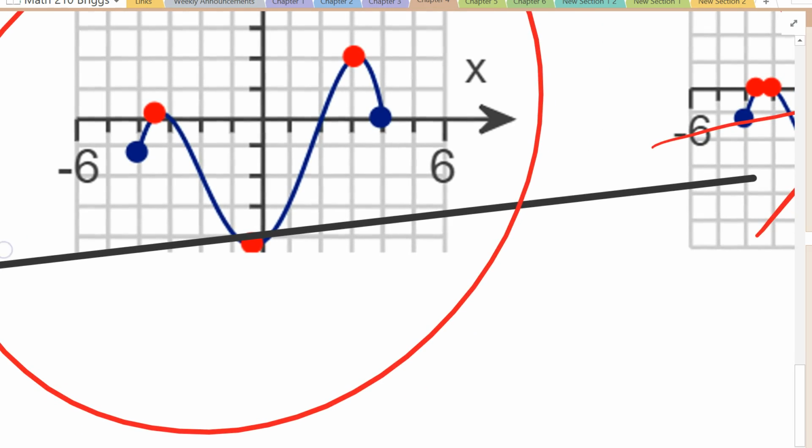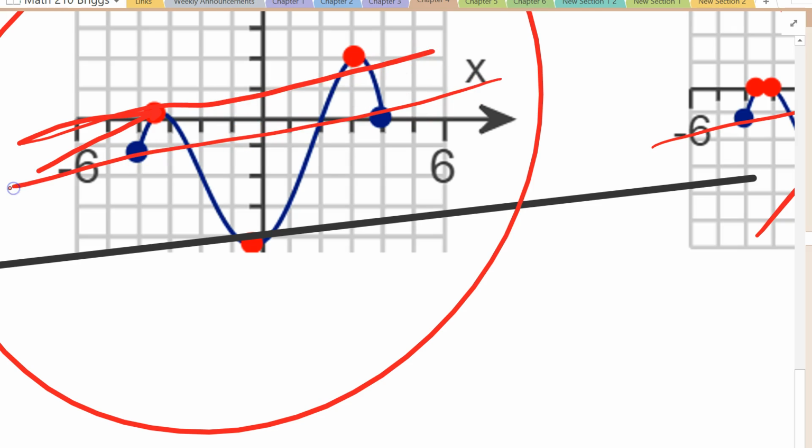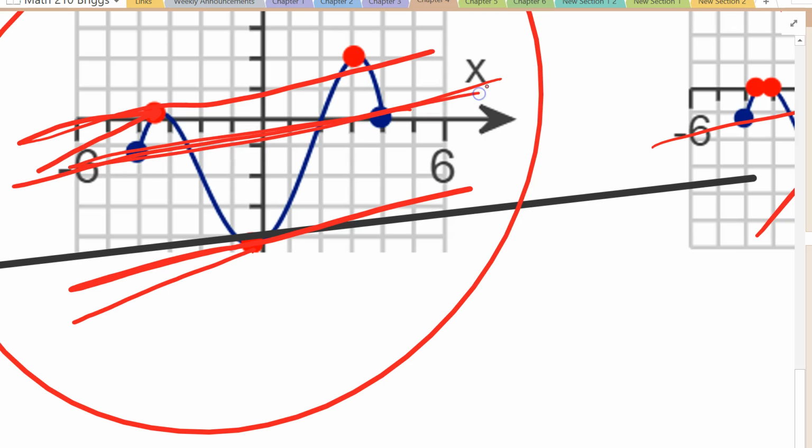If you were able to zoom in and get a true tangent line, we'd probably have something more like this, which is parallel to that. This tangent line would make sense as parallel to the average rate of change. And here we can also get a tangent line that's roughly parallel.